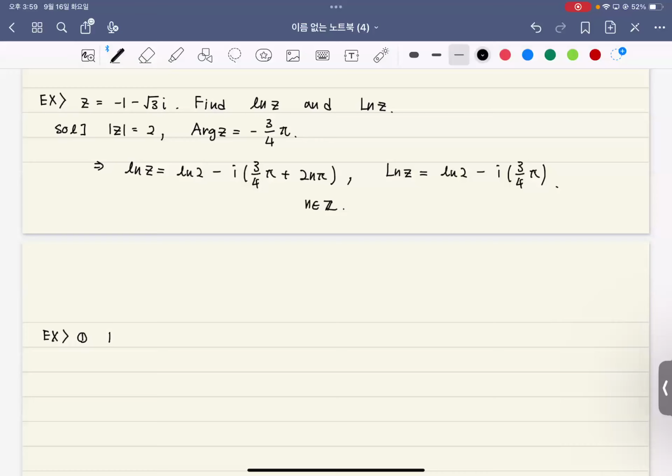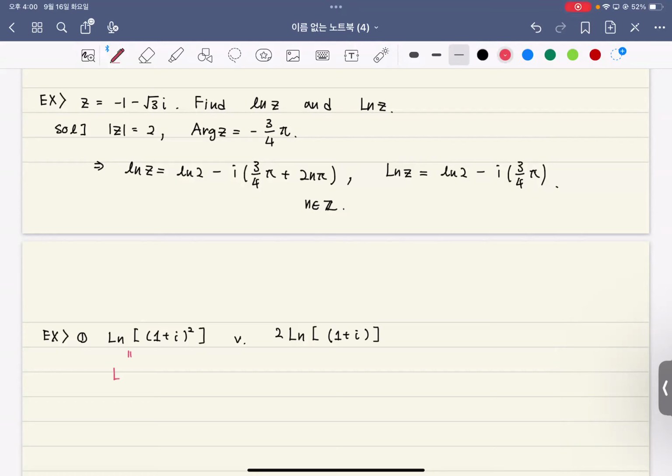Now let us compare these two values. I want to compare this number and this number. Are they different or are they the same? Well, let me try to figure this out.